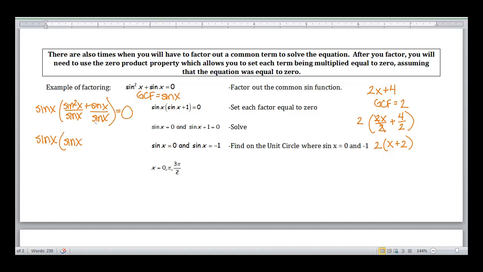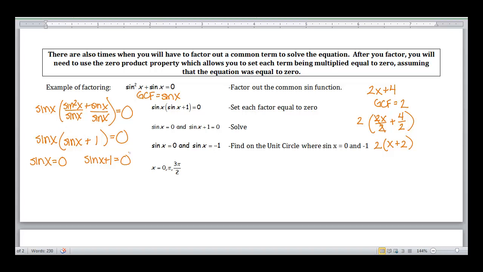Sine of x divided by sine of x is 1. From here, we can use our zero product property to say that sine of x is equal to 0, and that sine of x plus 1 is equal to 0, because those two terms were being multiplied equal to 0.